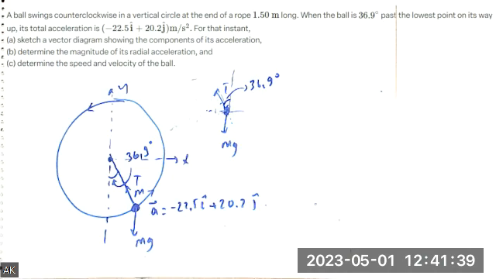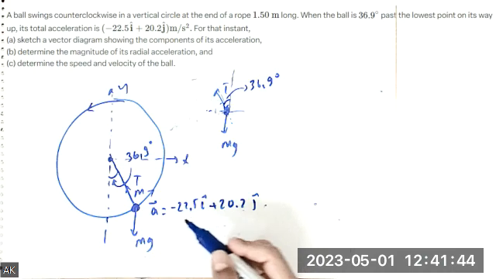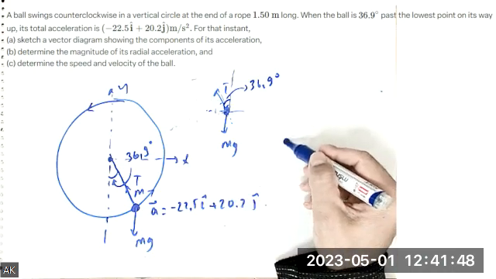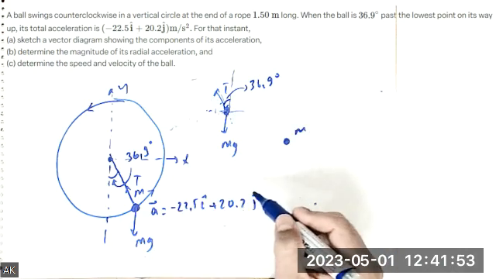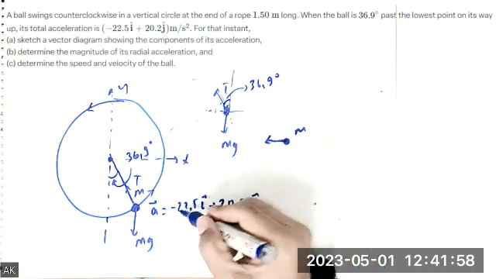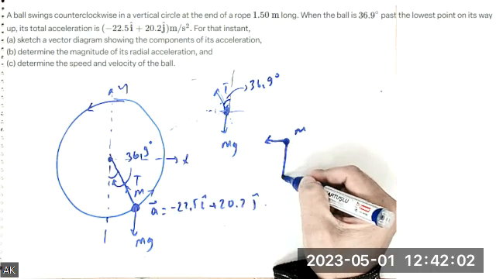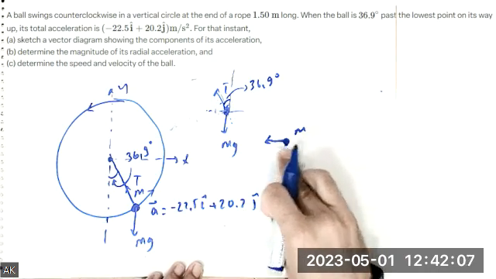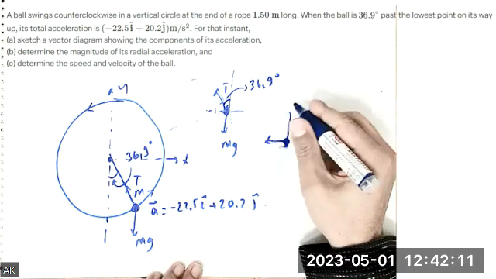Sketch a vector diagram showing the components of its acceleration. If we want to sketch a diagram, this is the object, m. The acceleration vector is pointing in this direction, ax. This is the component minus 22.5. And the other component, the vertical component, is up. Sorry. The vertical component is up.